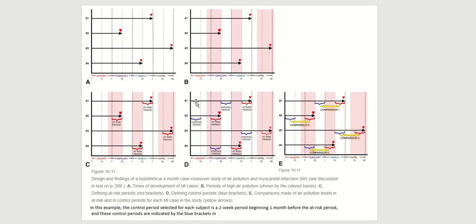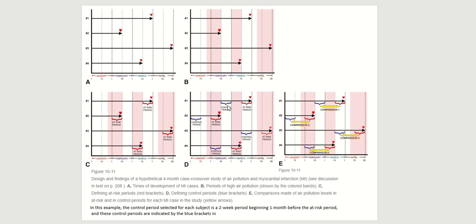Okay, and therefore what's going to happen is you're going to go to C. So not only now we know where the outcome occurred and whether the period was actually an exposure period, meaning pink, or non-exposure, meaning white, but we also have a preceding period, maybe a few days or a couple of weeks before the outcome, and this is going to be considered the at-risk period.